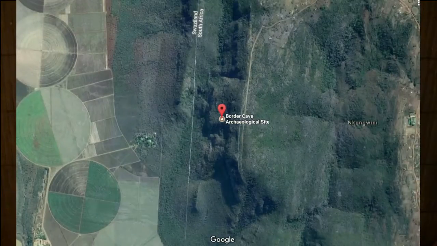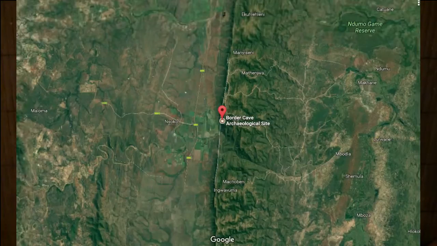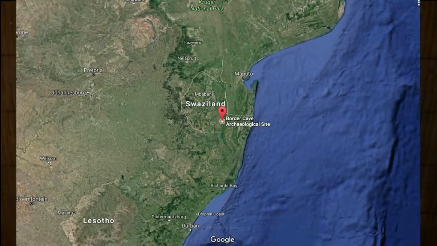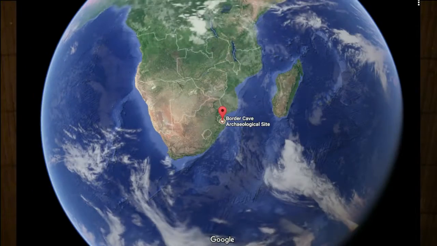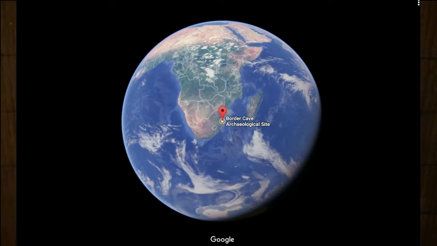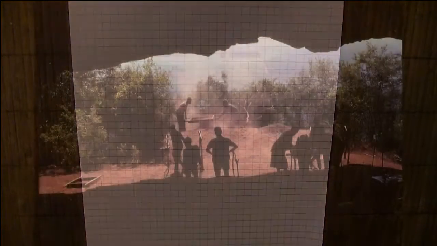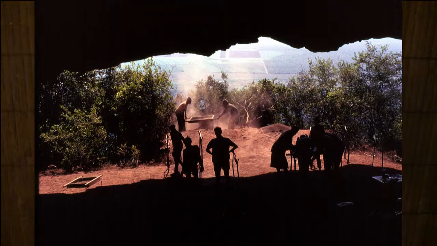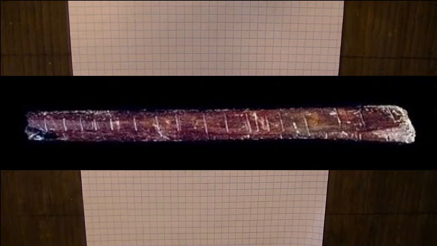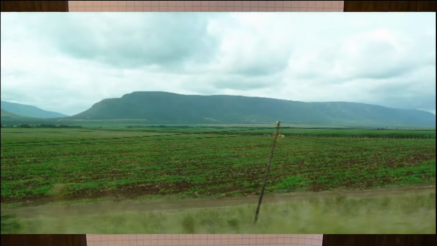It's now on the border between South Africa and Swaziland. And someone was counting something 35,000 years ago. Back in the 70s, humans found a bone that is now called the Lebombo bone because it was found in the Lebombo Mountains.